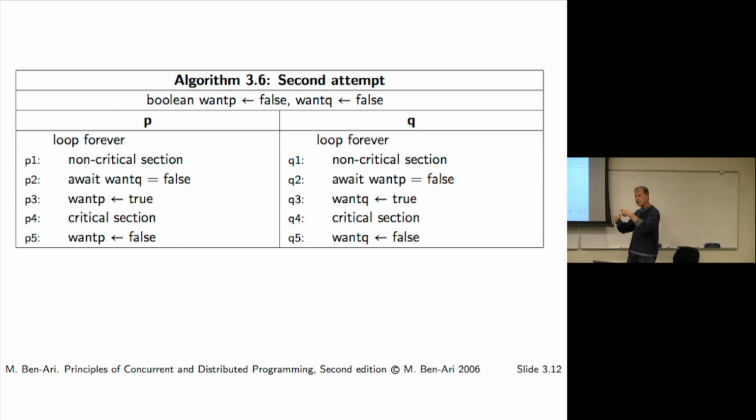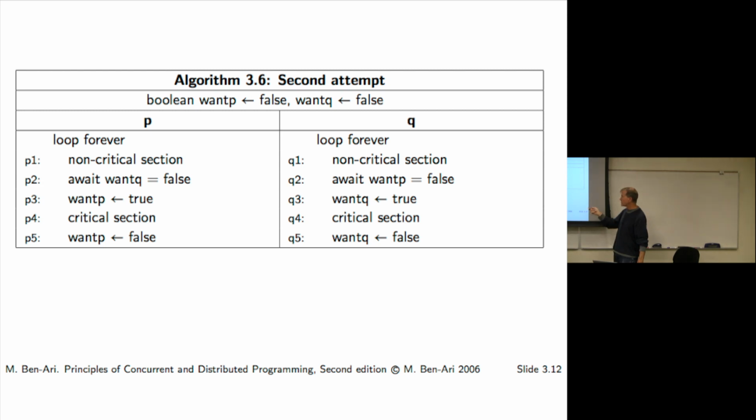Q wanted to get in first, right? So he awaits wantQ false, and this could be implemented with a spin lock. Are you with me? And then once Q gets in and gets out, the last thing Q does after his critical section is set wantQ to false. So once Q, in his postprotocol statement, sets wantQ to false, then P2 is free to get in.